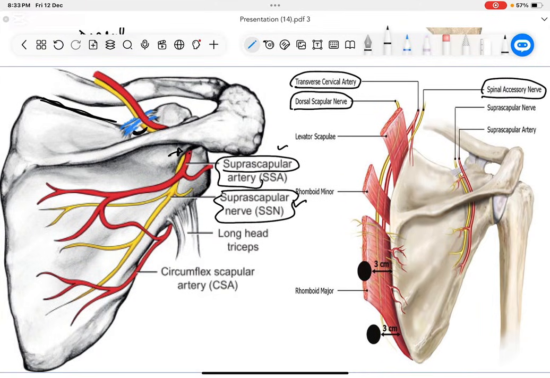So the medial border is related with 2 nerves and 1 artery, and the suprascapular notch and spinoglenoid notch are related with 1 artery and 1 nerve, that is the suprascapular nerve and suprascapular artery.